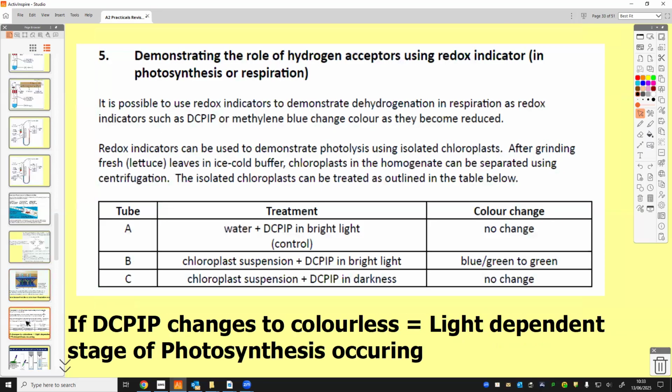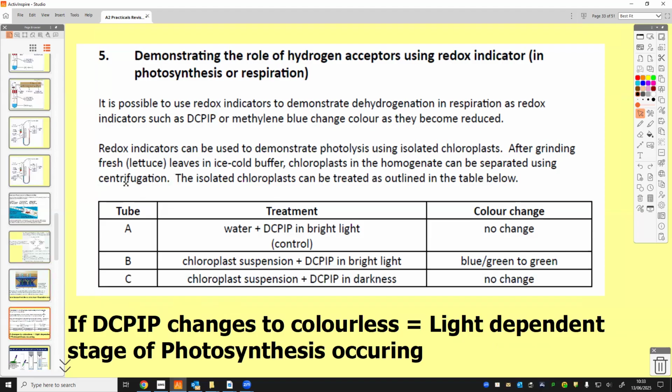For photosynthesis, it's DCPIP. Again, for this one, you need to isolate your chloroplasts. So you homogenize or mash up your lettuce leaves. You tend to send that through centrifugation, so it separates.